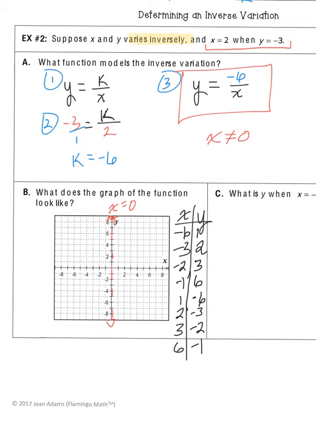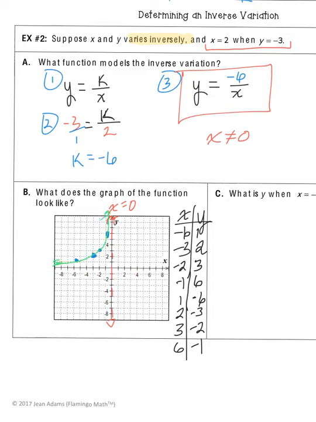So I'm going to plot all those ordered pairs. So negative 6, positive 1, negative 3, positive 2, negative 2, positive 3, and then negative 1, positive 6. So then it creates this curve right here.